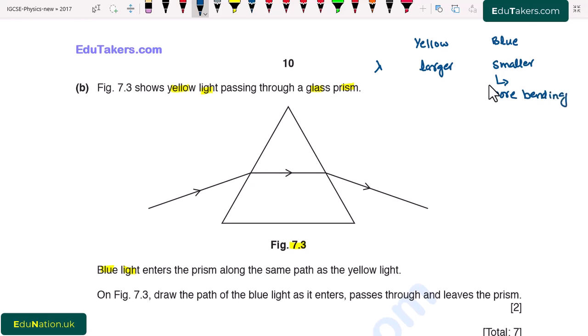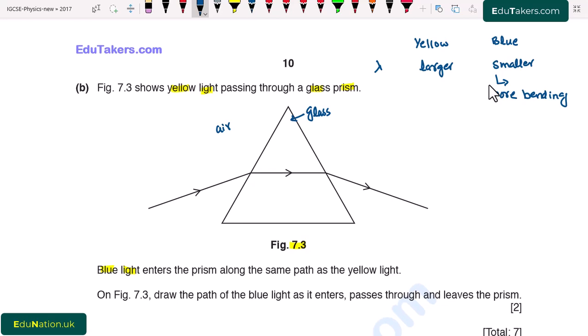And here are two media. The first one is air, that is outside of the prism, and inside is the glass prism. So when a ray of light passes from air into glass, it means that the ray passes from a rarer to a denser medium because the density of glass is larger as compared to air.